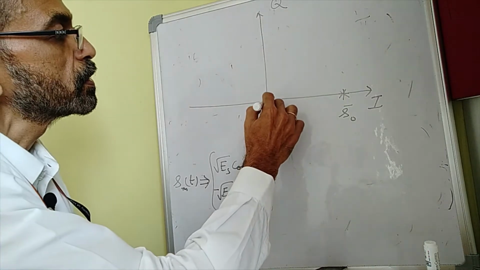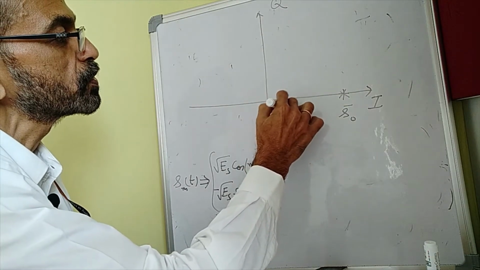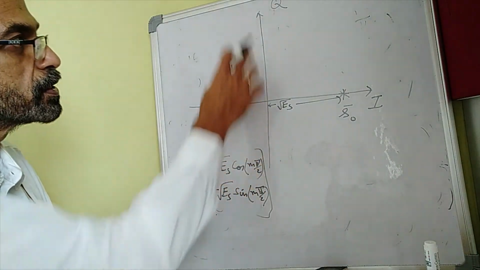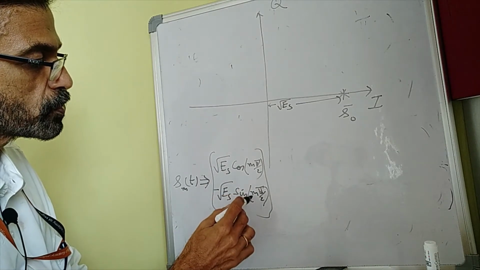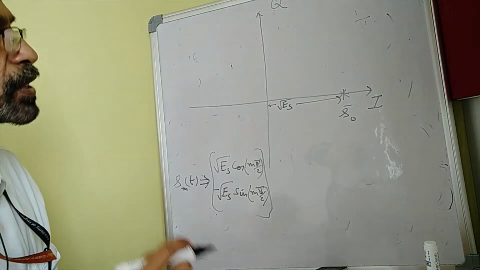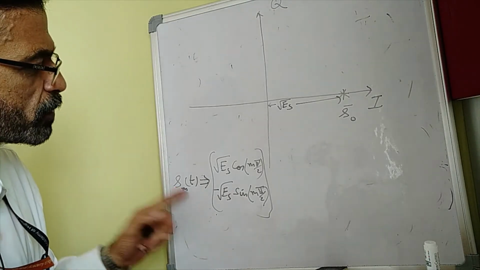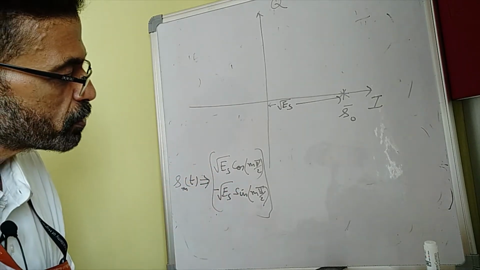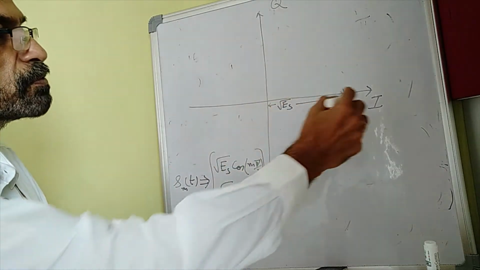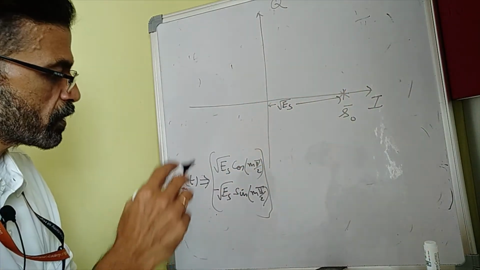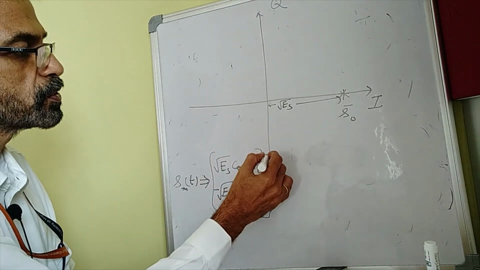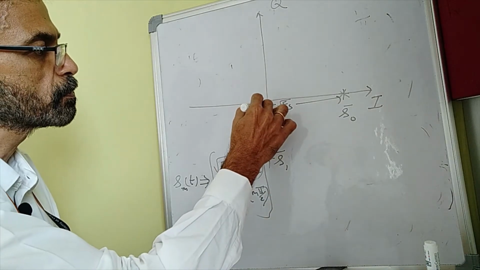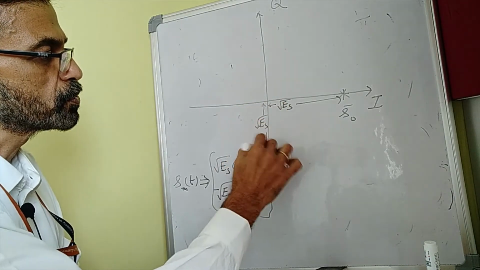Similarly, when m is 1, you have root Es cos pi by 2, which will be 0, and minus root Es sin pi by 2, which will be minus root Es. So the in-phase coordinate is 0 for m equal to 1, and the quadrature coordinate becomes minus root Es. This will be s1.